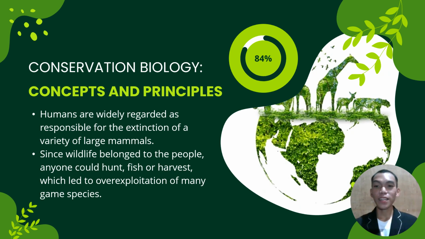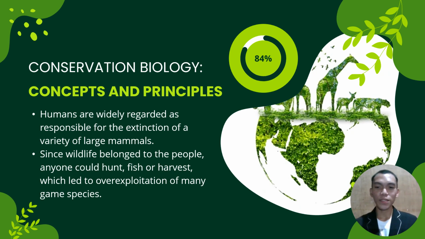This time, let us discuss and know what are the concepts and principles of conservation biology. First is, humans are widely regarded as responsible for the extinction of a variety of large mammals. Let us define terms muna. When we say extinction, this means the complete disappearance or pagkagamay sa number of a species here on Earth.